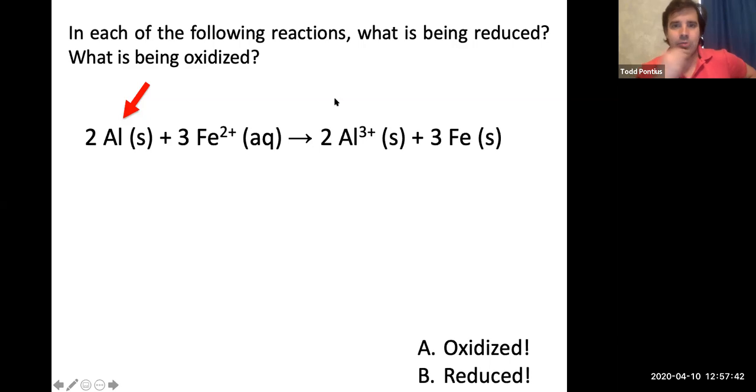So what's happening to our aluminum in this reaction? Okay, please get your answer in 3, 2, 1, and 0.